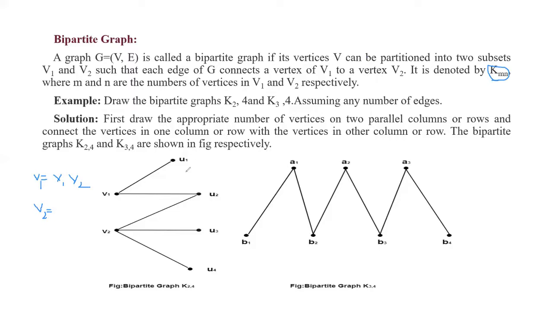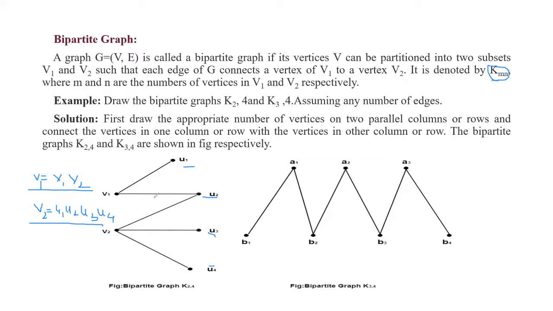The other set is U1, U2, U3 and U4. So V1 is one set and V2 is another set. Here V1 is connected to U1, U2, and similarly V2 is connected to U2, U3 and U4.